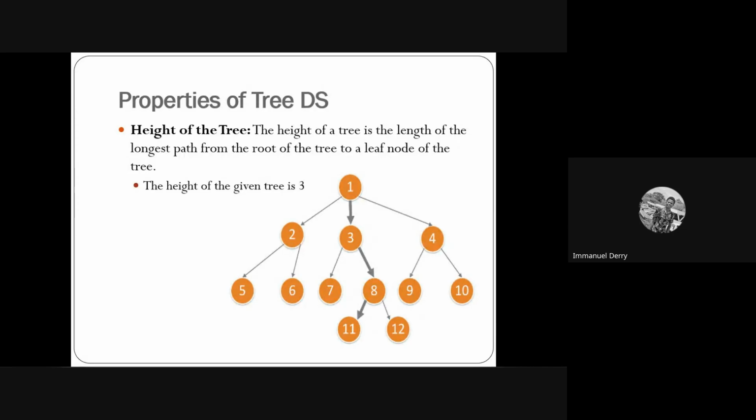So earlier we realized that for node 1, the height was 3. And also in this particular graph here, the height of this tree is also 3. It's from 1 to 3, 3 to 8, and then 8 to 11.